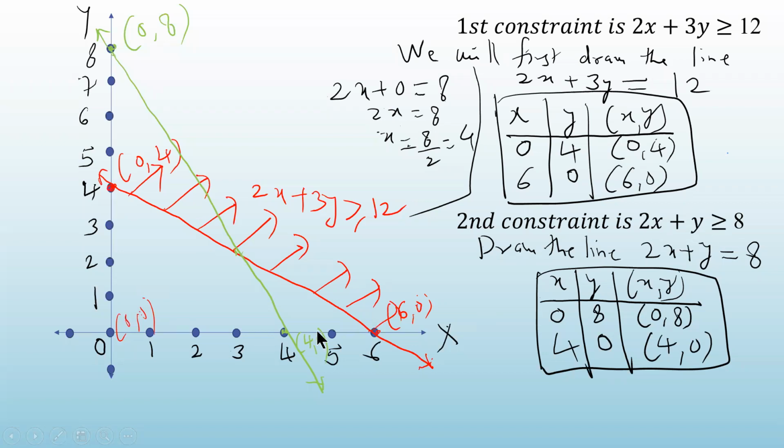So that clearly indicates that I have to take the region above the line. Okay. So this is the reason for 2x plus y greater than or equal to 8. Okay. Yes.